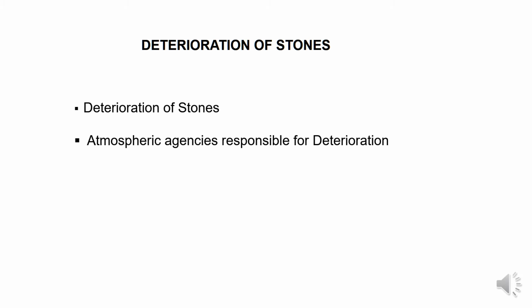Deterioration of stone means it gets decayed or it gets break, and this deterioration of stone is due to atmospheric agencies such as rain, temperature, wind, frost and living organisms, etc. These agencies are responsible for their deterioration, and these agencies bring about physical and chemical changes in the stone and disintegrate them.